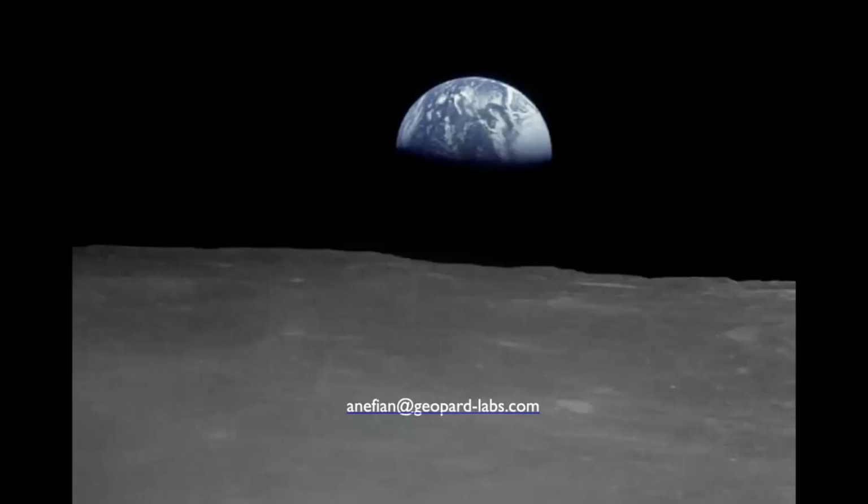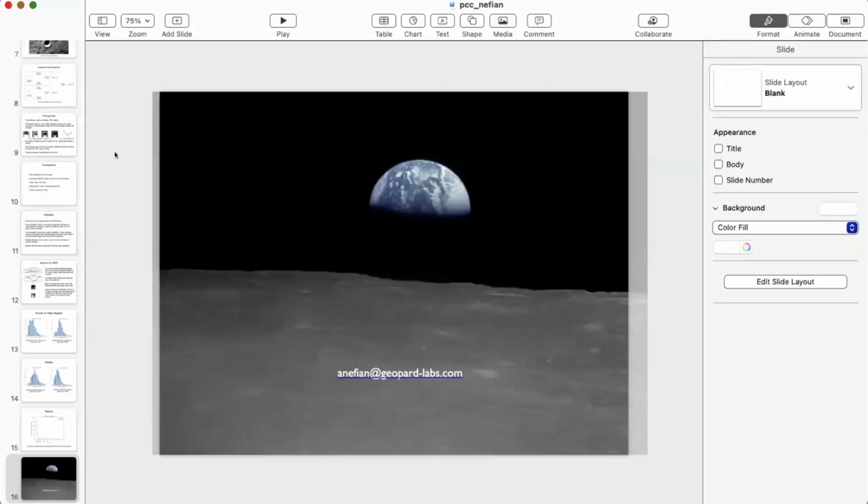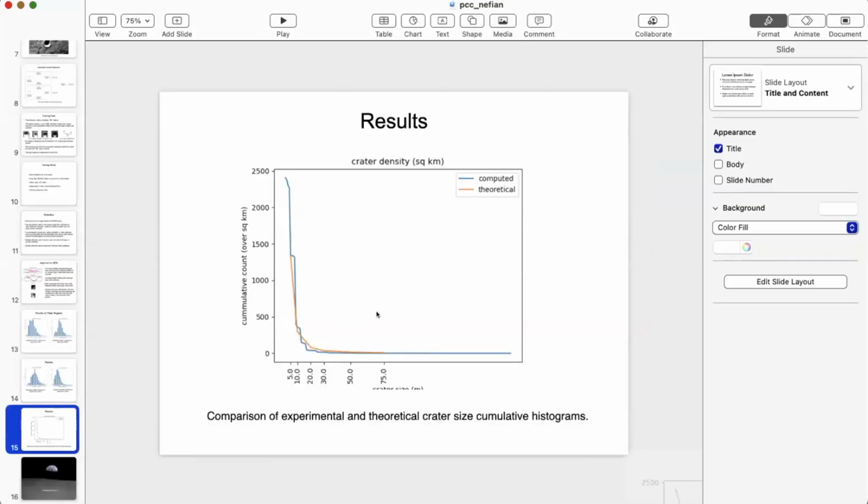Yes. Okay. I think it was the last plot where you have the blue and the orange curves. So comparison of those two, did you test to see if they were statistically the same?